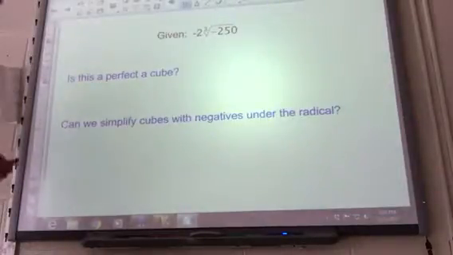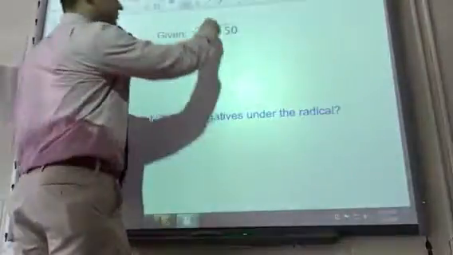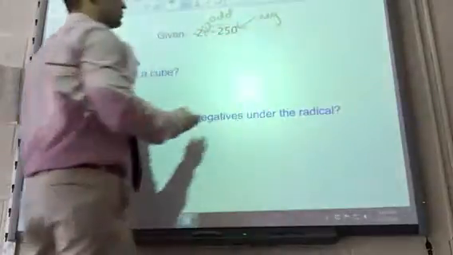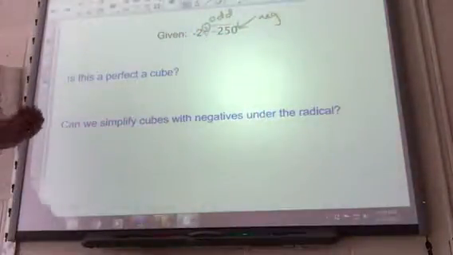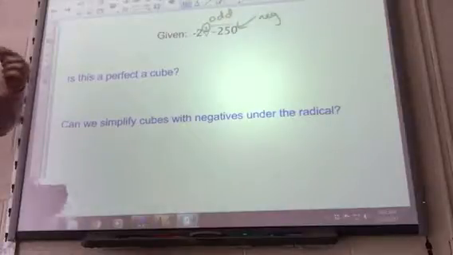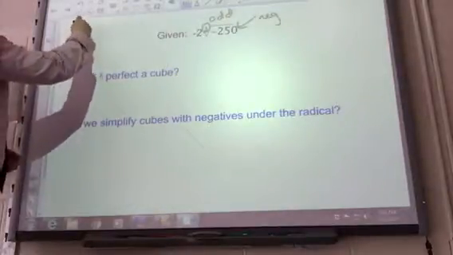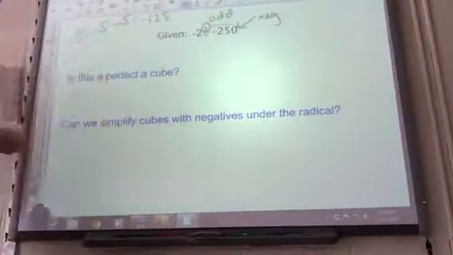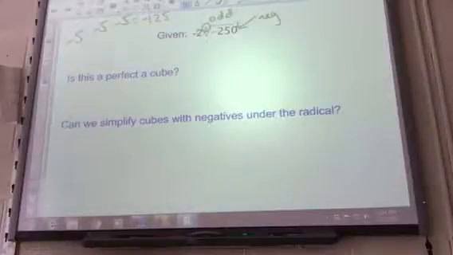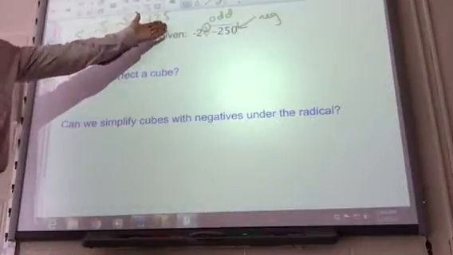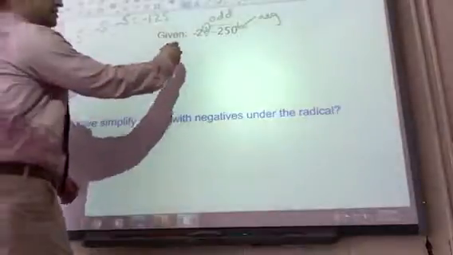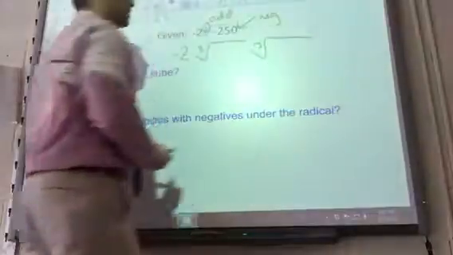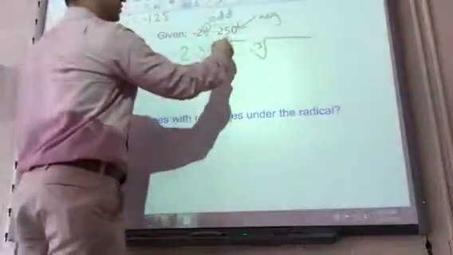What about this one? So this one I have an odd index and a negative under the radical. I can simplify this because if I multiply the same negative number 3 times, I get a negative number, right? It's only when it's even, so if I had done one more time, then I'd have to have a positive. So in this case, I could simplify. And the biggest perfect cube that goes into negative 250 is actually negative 125.